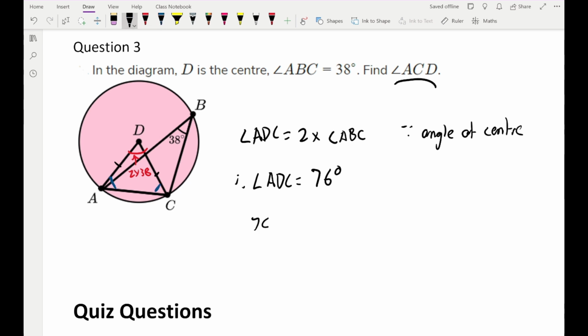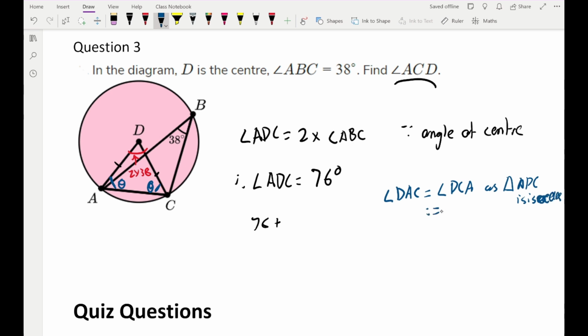So 76 plus, let's call this theta and theta. So you can have angle DAC equals angle DCA as triangle ADC is isosceles.